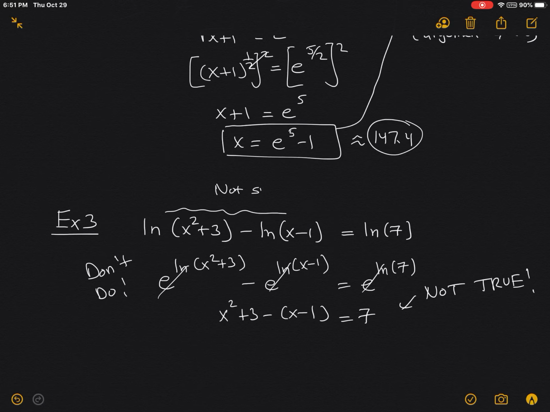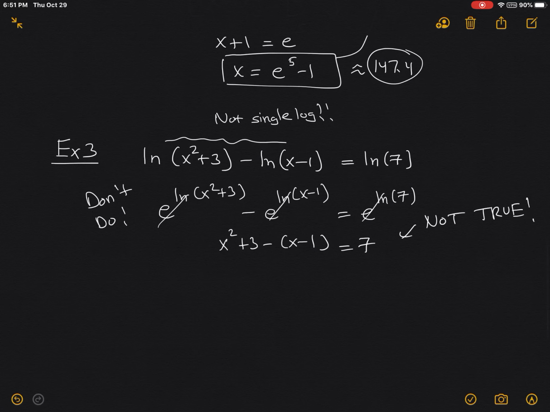Right now, this is not a single log, and so you cannot exponentiate all 3 sides by base e. All right, so again, this is incorrect. Don't do it this way. I've seen students make up rules over the years. Please don't do this on your Chapter 3 exam.